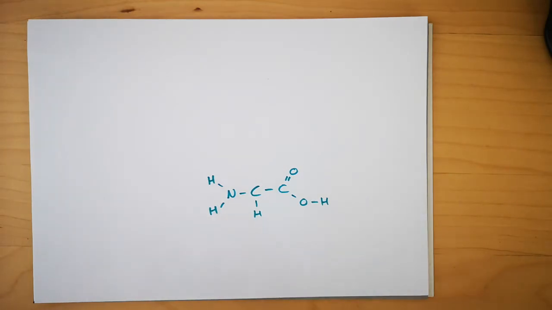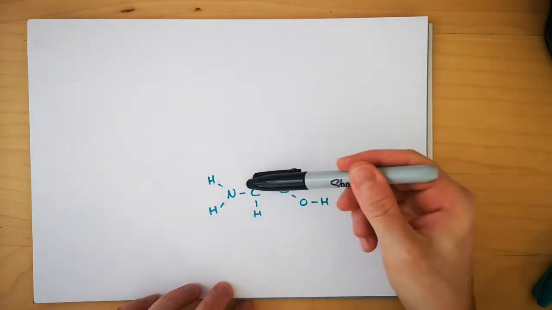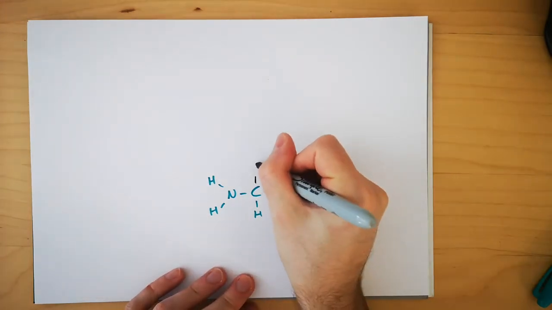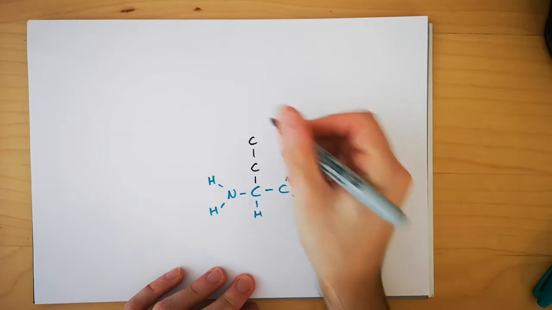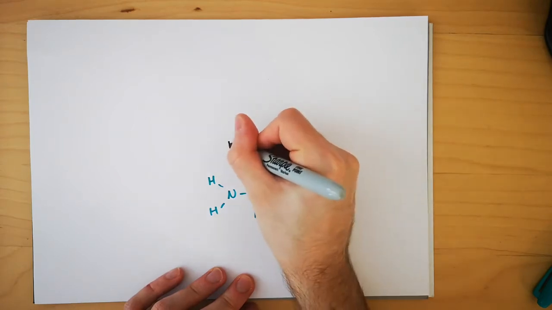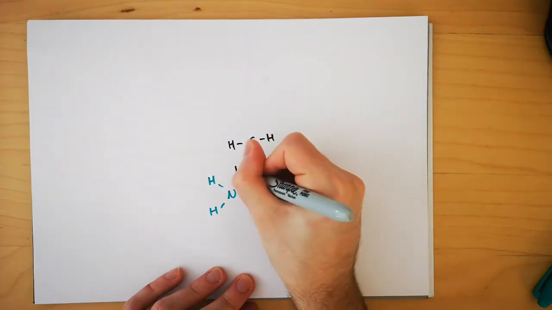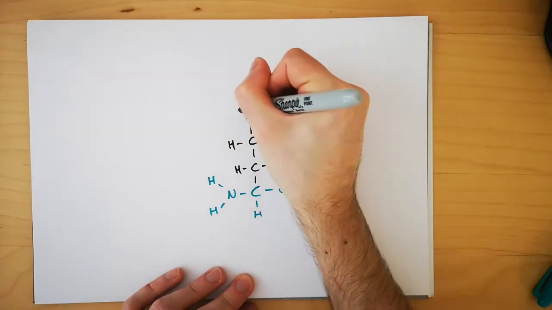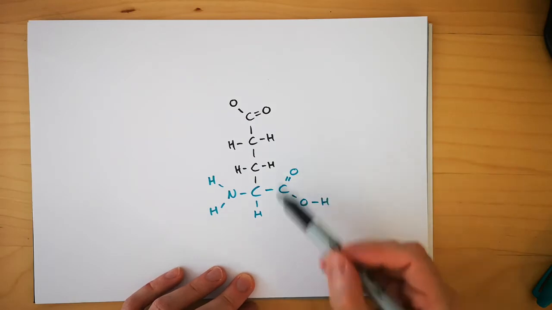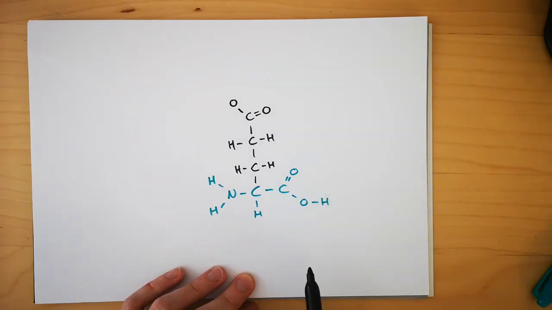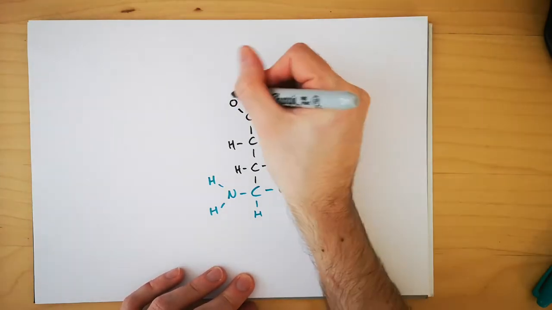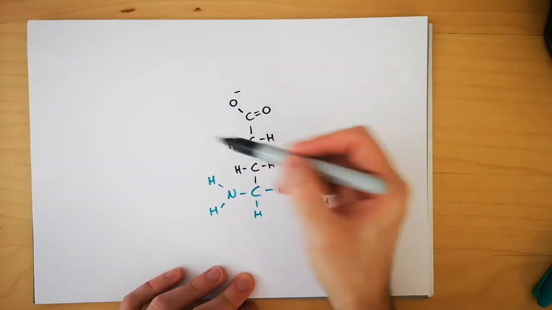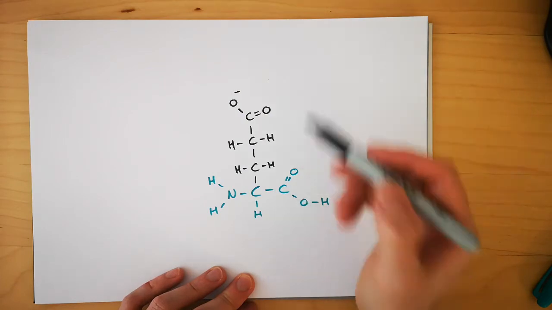Now, the R group I'm going to do in black coming up here, and what we've got is 2 carbons bonded to hydrogens, and interestingly we've got another carboxyl group.